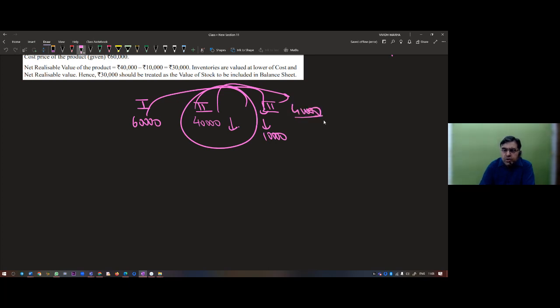Without repairs it is valueless. By spending 10,000 you can make it worth 40,000, but before that you have to spend. So presently we can value it at 40,000 minus 10,000, that is 30,000. So the answer is 30,000.